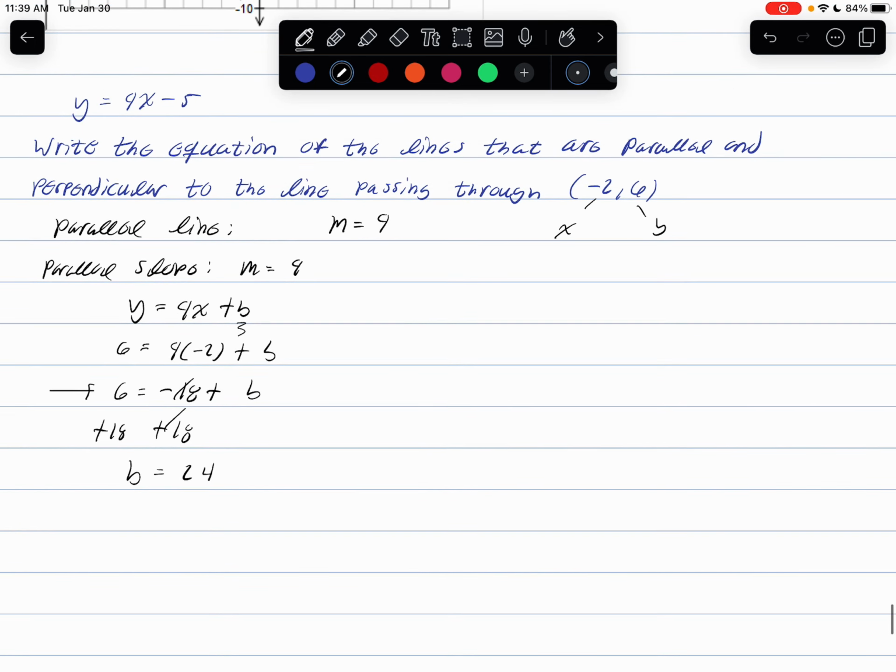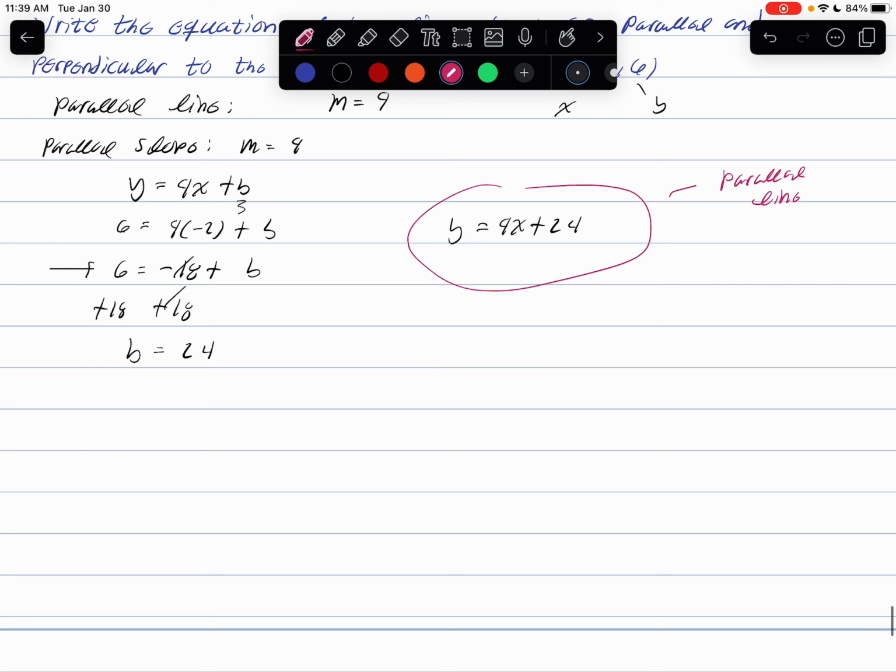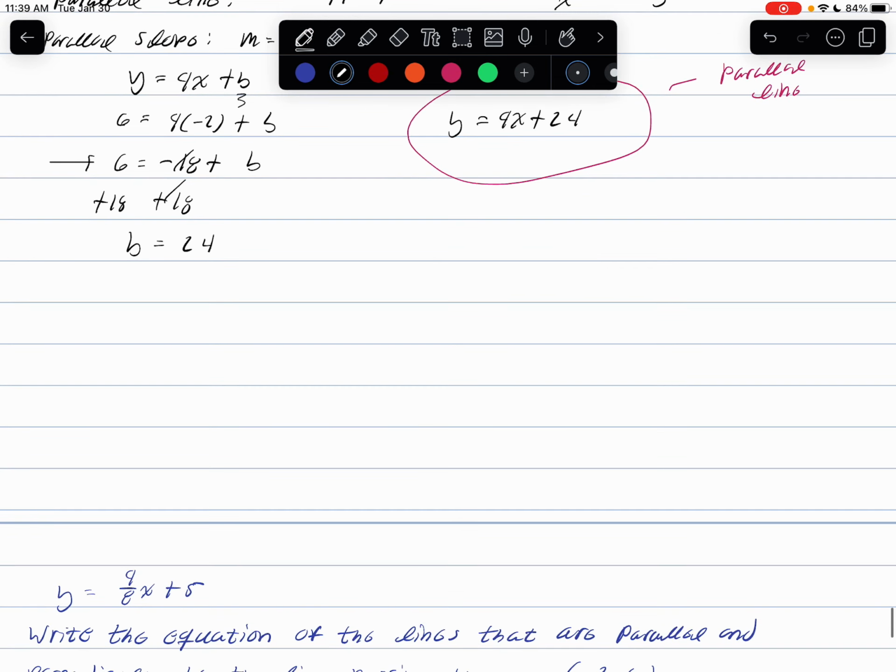All right, so our equation is going to be given by y equals 9x plus 24. This is our parallel line.